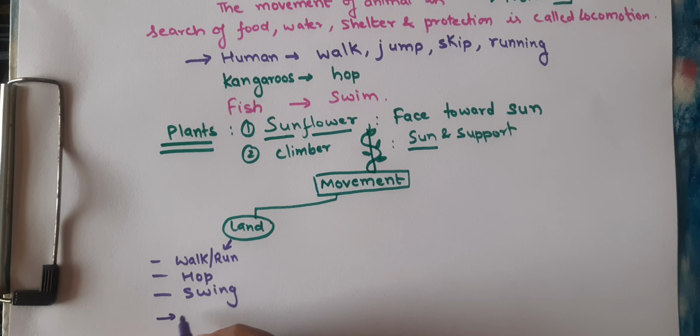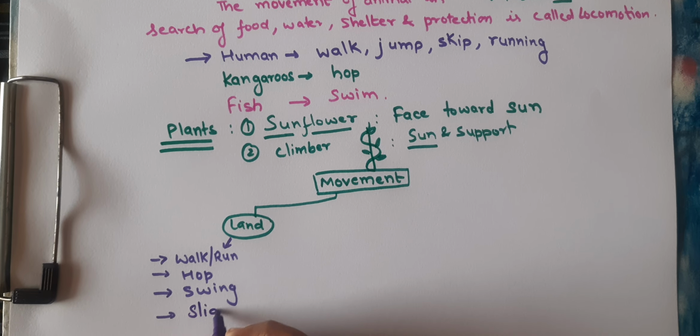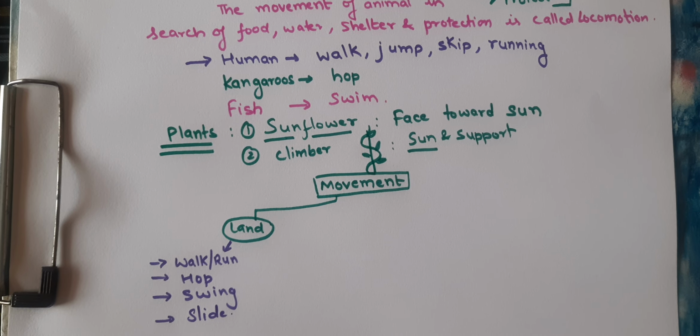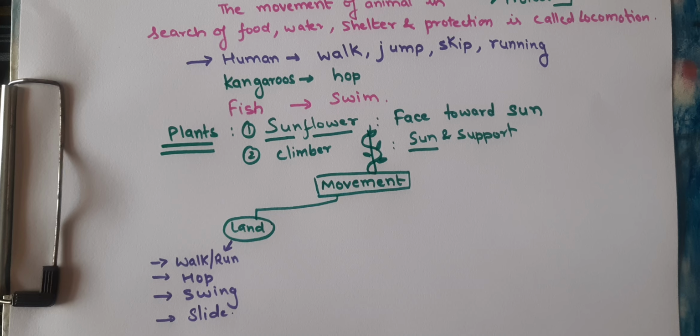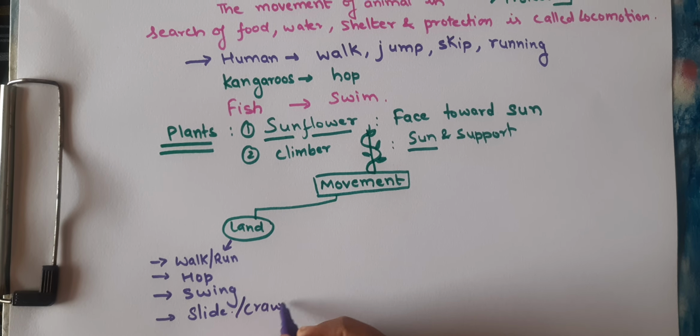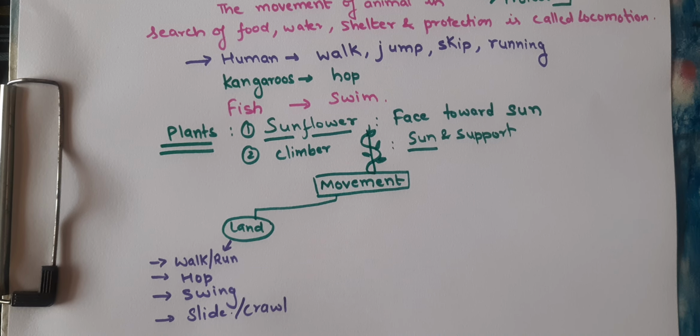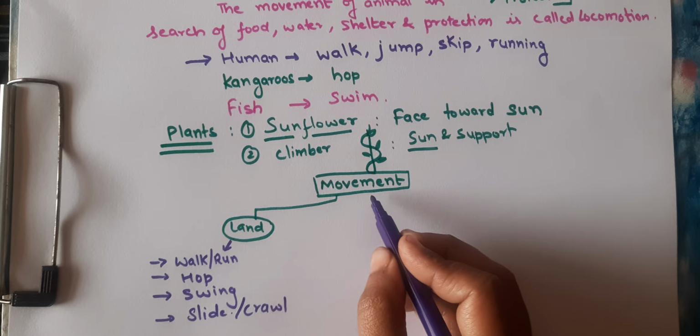Slide, okay? Some animals don't have legs, they don't have limbs, meaning hands and legs, okay? So what they will do, they will slide or they will crawl. For example, you have seen earthworms or snakes, or snail also. So they either slide or crawl to show the movement, okay?